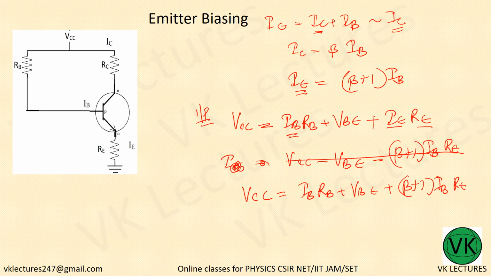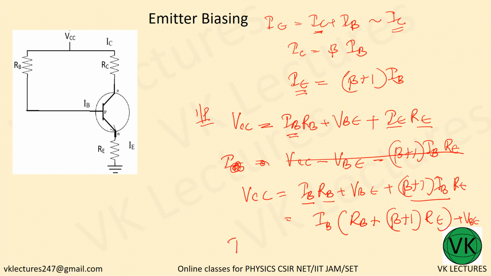Alright. So beta plus 1 IB into RE is there. IB into RB is also there. So from that you can take IB. So IB into RB plus beta plus 1 into RE plus VBE. Am I correct?